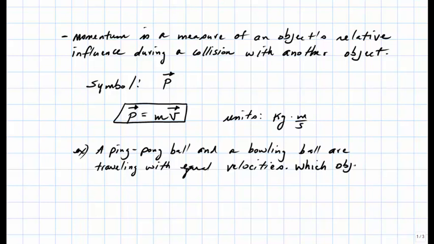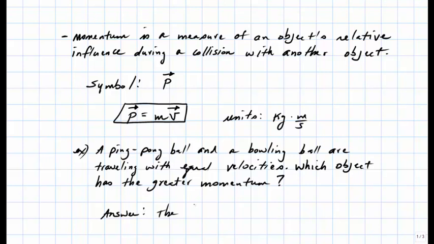Which object has the greater momentum? Well, if we evaluate the momentum equation, each of the objects has the same velocity, but of course a bowling ball has much greater mass than a ping pong ball, therefore the bowling ball will have the greater momentum. And so the answer is the bowling ball.